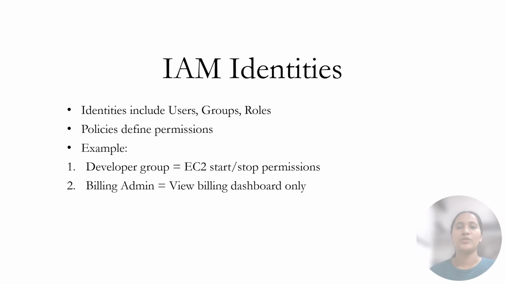First, you have users, which represent the individuals or applications who need access to your AWS resources. For example, a developer might be a user who needs access to AWS to deploy applications. In a real-world scenario, there can be multiple users with different kinds of needs.